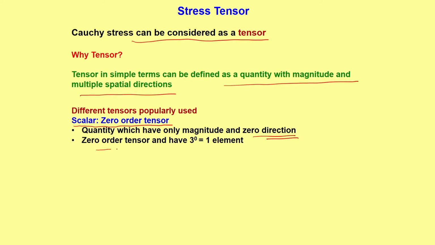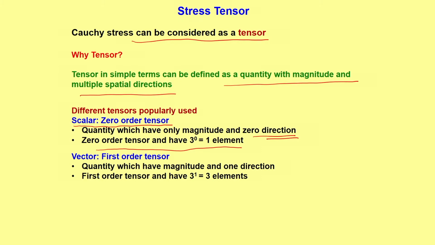A zero order tensor, which is a scalar, has 3 raised to 0 elements, where 0 represents the number of directions. So, 3 raised to 0 equals 1 element, and that is true. It is merely a number which shows the magnitude. So, scalar is a zero order tensor. The second one is vector, which is the first order tensor. Vector is a quantity which has magnitude and one direction.